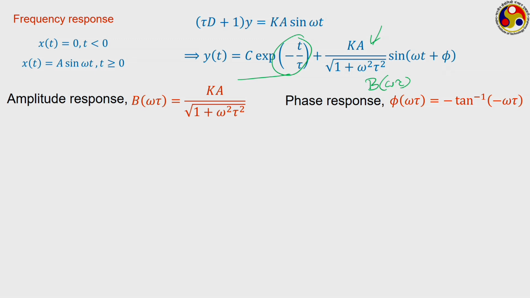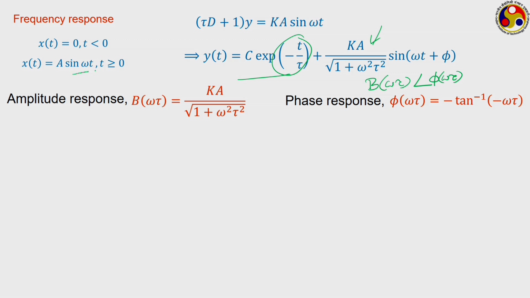B as a function of omega tau into sin of omega t plus phi. Phi again is a function of omega tau, and quite often we just write it as an angle phi, which is again a function of omega tau, because the sin omega t component is always there.